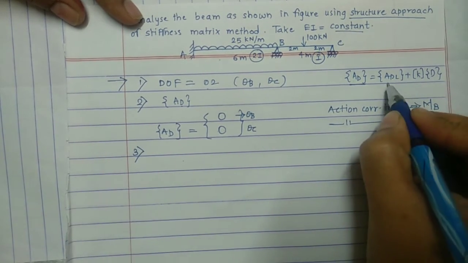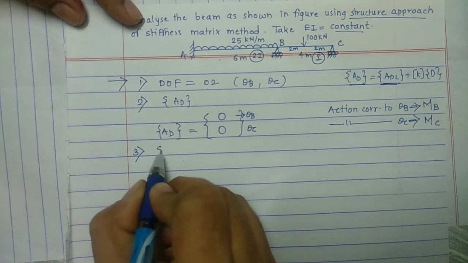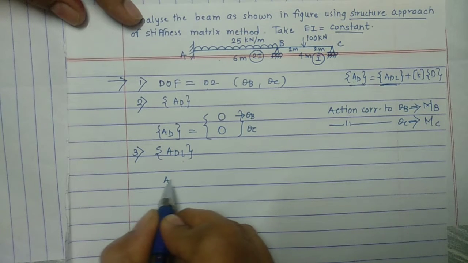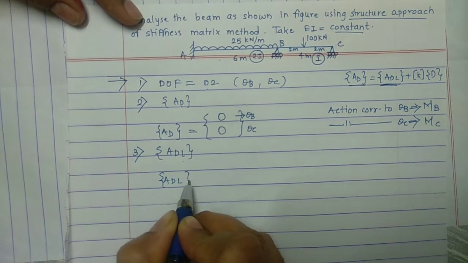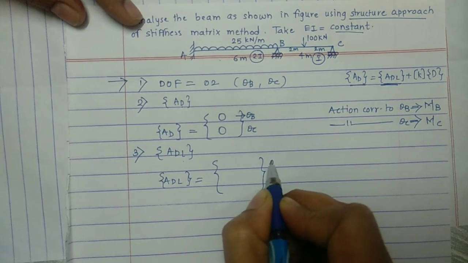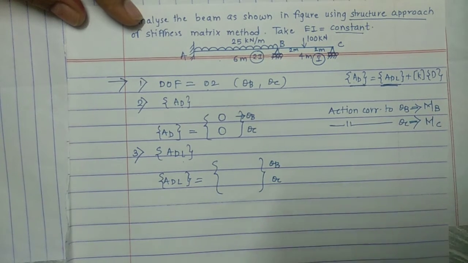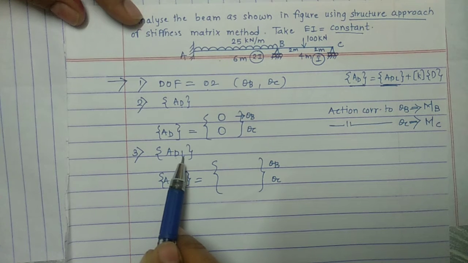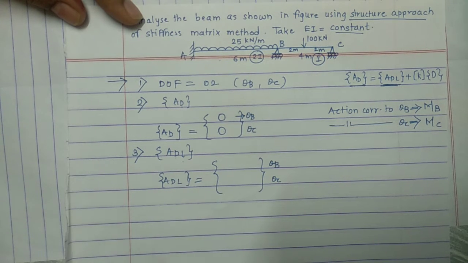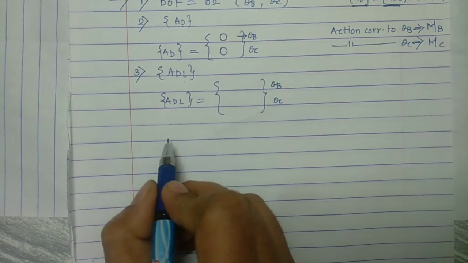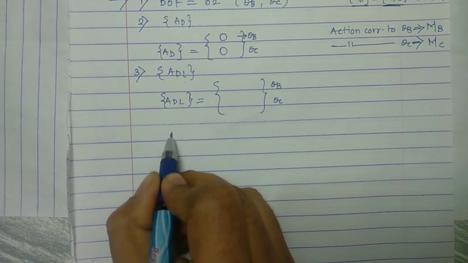Now in the third step we will calculate the next term, ADL. It will also have two elements, the first corresponding to theta B, the second corresponding to theta C. ADL is the action corresponding to displacement in the restrained structure. So here we have to draw the figure of the restrained structure.